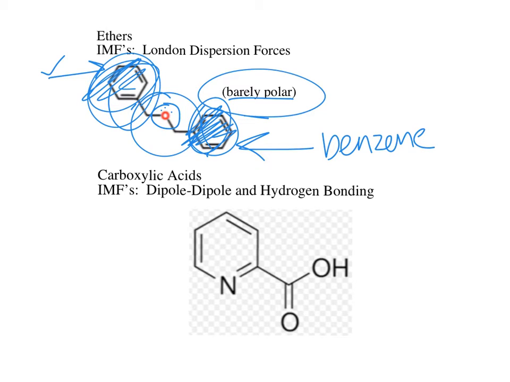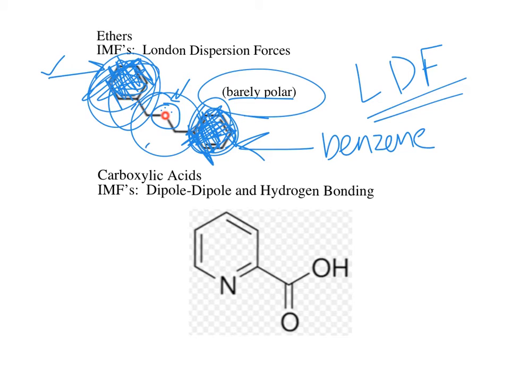So we're going to call this barely polar, and we're just going to stick with there being LDF forces. The LDF forces of these groups with all the polarizable electrons here are definitely the primary intermolecular force over the simple polarity from that central O. So I want you to just pretend that O is not there, and let's focus on these big nonpolar groups, and we're going to stick with these being LDFs for our purposes in AP Chem.